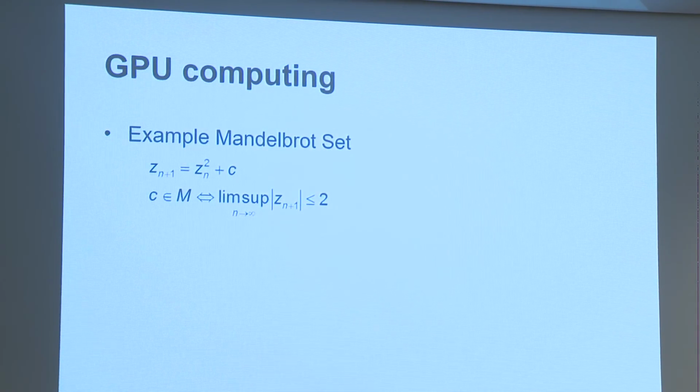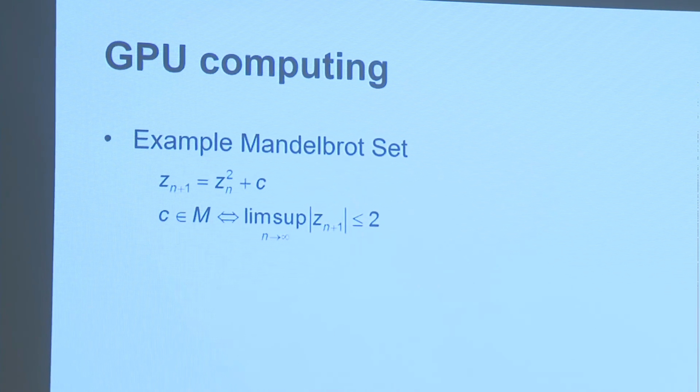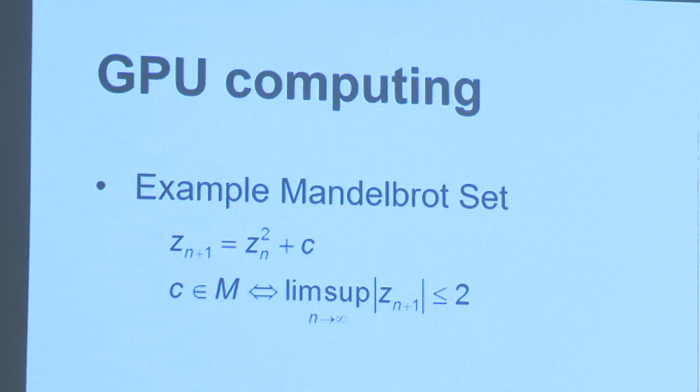As we can't go to infinity, we have iterations and a for loop. We do matrix multiplication, or in this case the Hadamard product, so element-wise multiplication and addition, and that we do for a really, really long time.